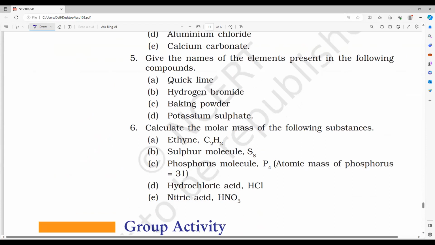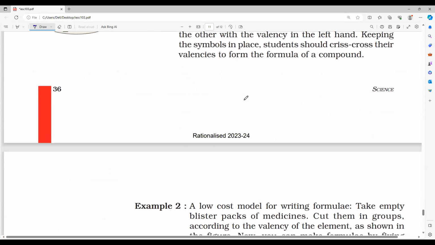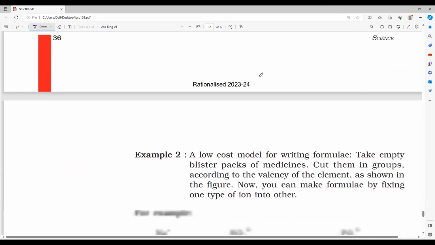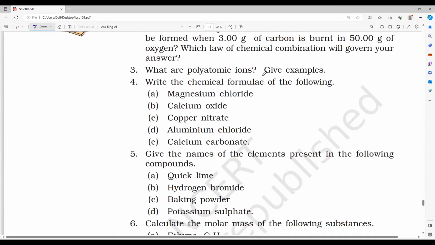That is the most important concept for your future, for 11, 12, and all, stoichiometry basically. That is an extremely important concept, but I don't know why they have deleted it from this year onwards, even from the book. But it is a very interesting and very important concept also.